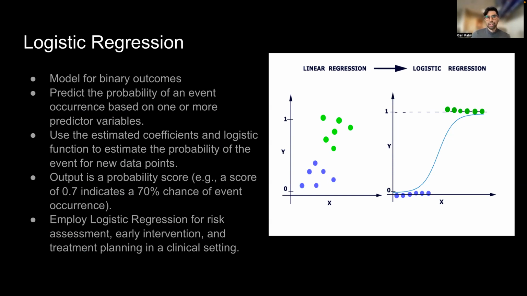Age, blood pressure, these things could go in as contributing factors. Other examples, like diabetes, you would add in age, BMI, blood glucose, A1C, stuff like that. And then the model would classify the person as diabetic or non-diabetic. Your output from using this algorithm would be a probability score. So if you have a probability score of 0.7, that would indicate you have a 70% chance of the event occurring.